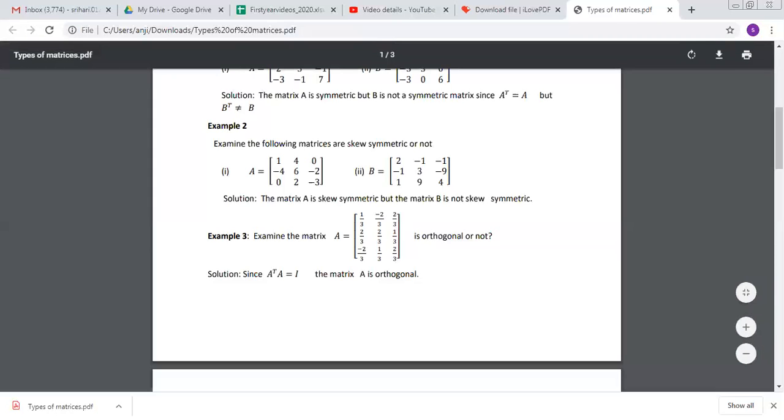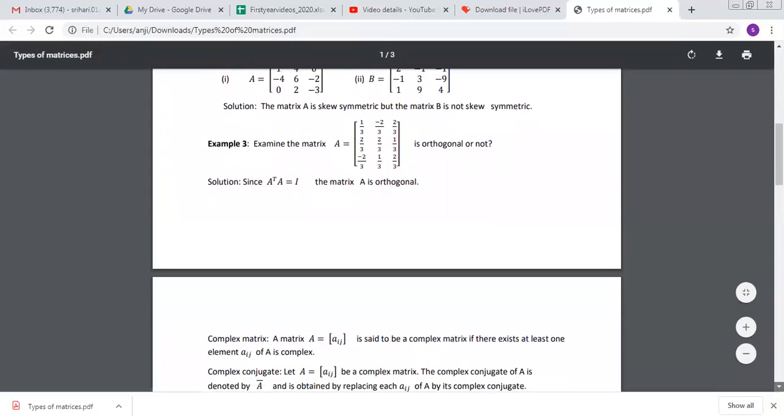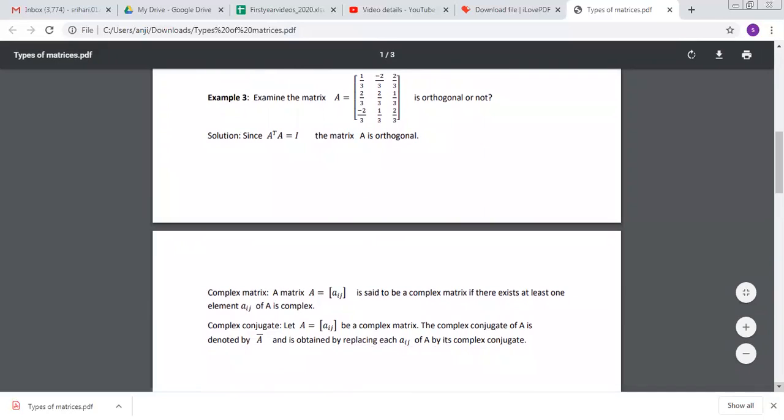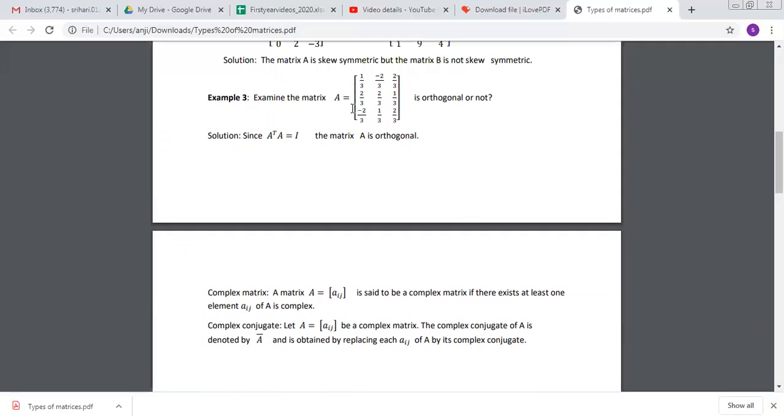Now example 3. Examine whether the matrix A is orthogonal or not. A: first row 1/3, minus 2/3, 2/3; second row 2/3, 2/3, 1/3; third row minus 2/3, 1/3, 2/3. So this is our given matrix.